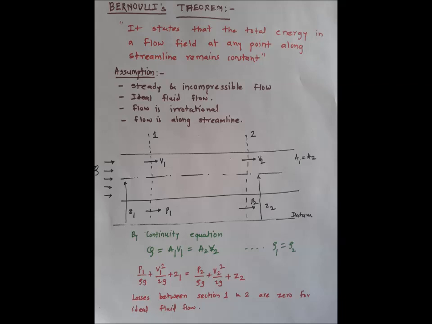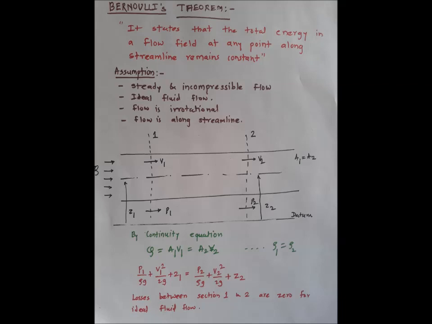By applying the continuity equation between point 1 and point 2, we can say that Q is equal to A1 V1 is equal to A2 V2, where the densities are constant at sections 1 and 2 as the flow is incompressible.